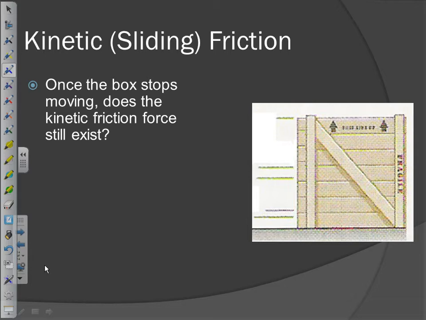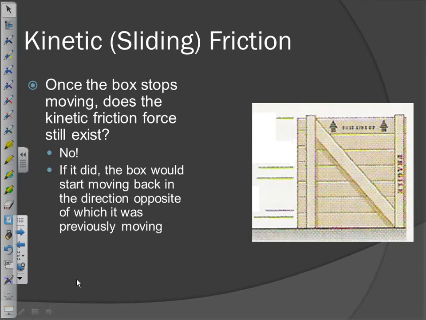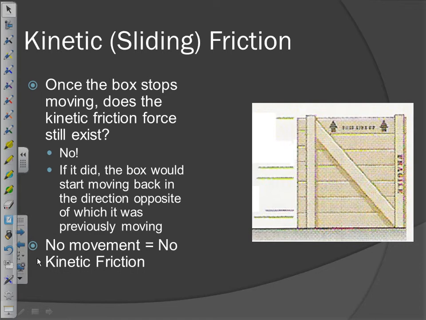If an object stops, but it still had a force acting on it towards the board, what would it start doing? It would start going towards the board, right? Does that happen? Once it stops, right? So, kinetic friction only acts on moving objects. No movement, no kinetic friction.